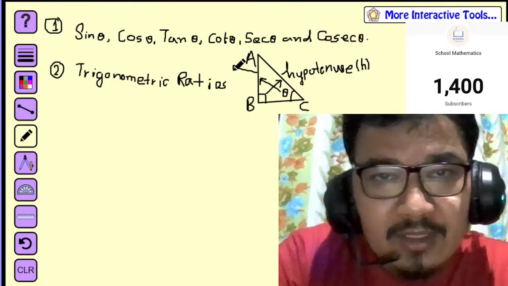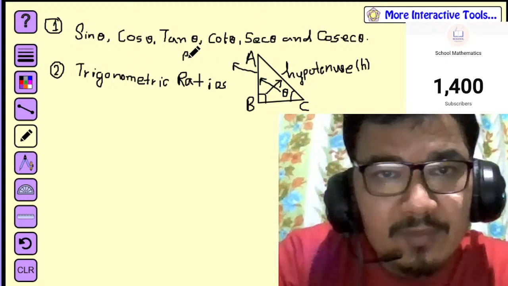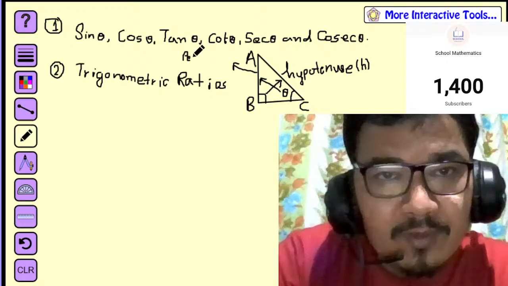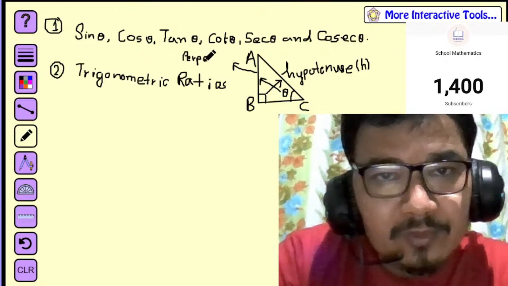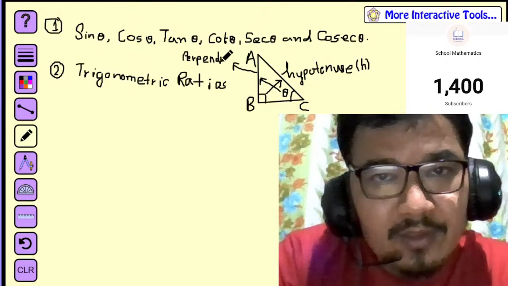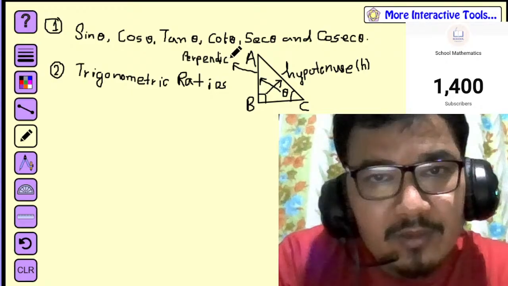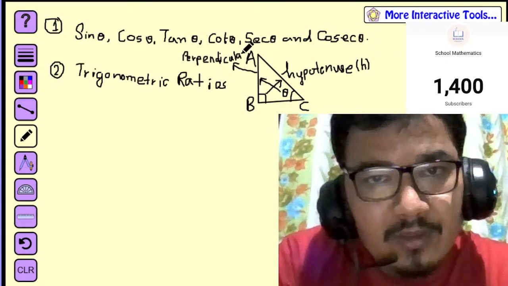This side is always perpendicular, okay? We have to write this perpendicular right here. Perpendicular, okay? This is perpendicular right there, okay? This is perpendicular, right? Okay?